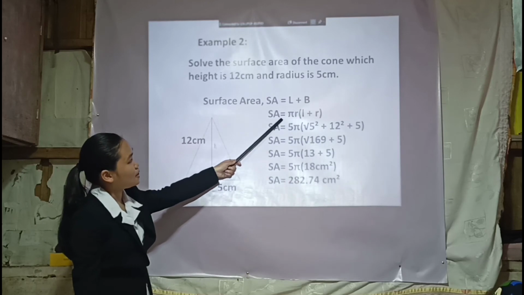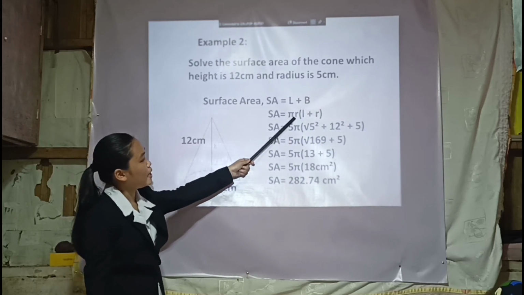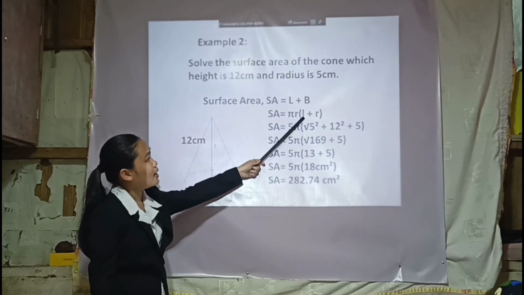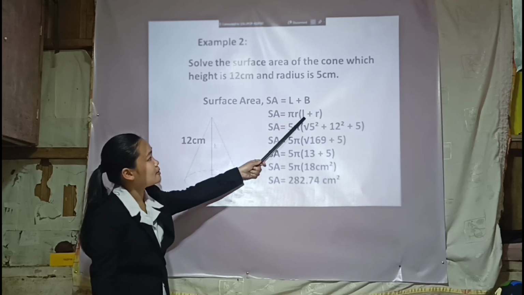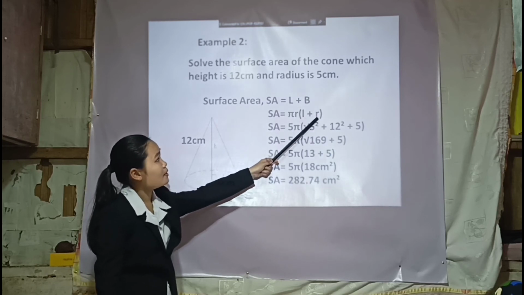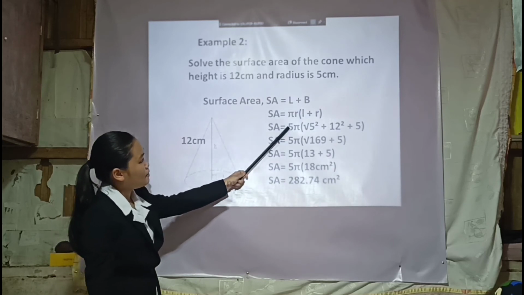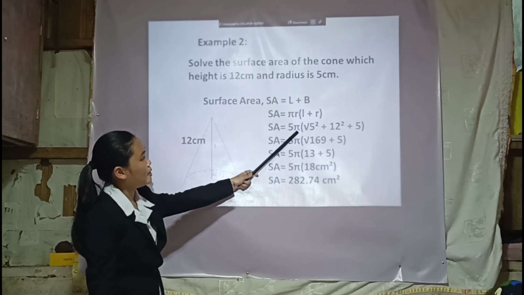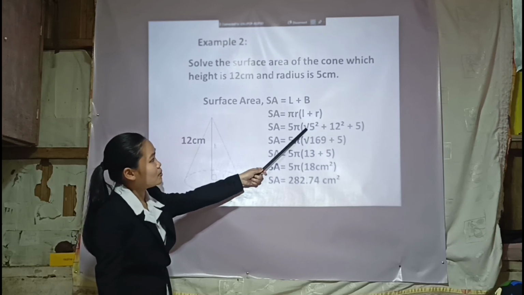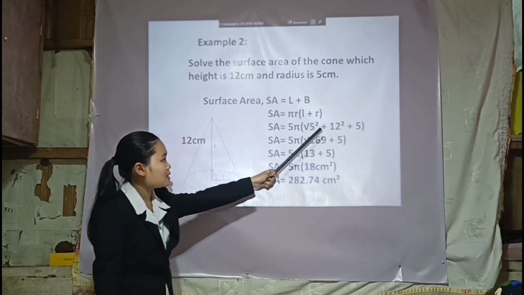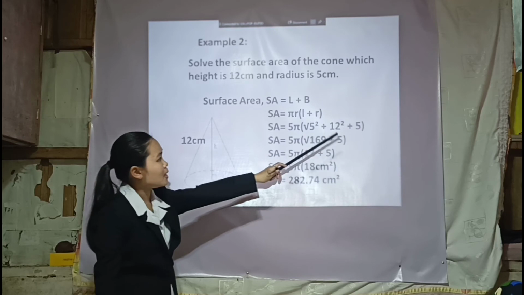Surface area equals pi times r, or radius, times L, for slant height, plus r squared. Surface area equals 5 times pi times the square root of 5 squared plus 12 squared, plus 5.